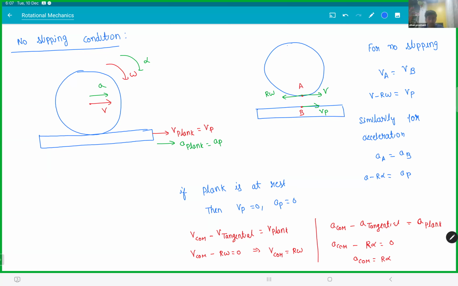Sir, I couldn't understand why it is a blunder that V tangential is equal to R omega. When did I say that's a blunder? So it's just V center of mass equals V tangential equals V plank.